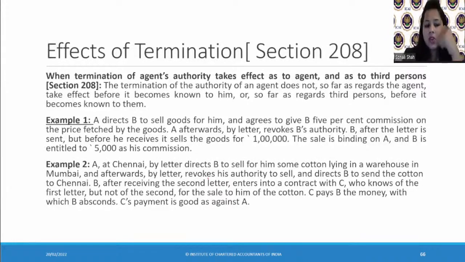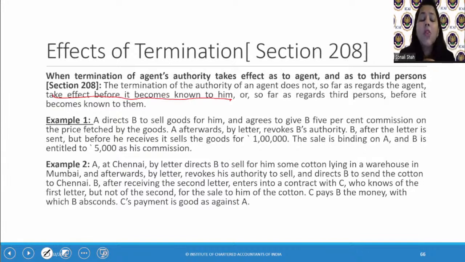Section 208 reads: the termination of the authority of an agent does not, so far as regards the agent, take effect before it becomes known to him. So notice becomes important. The termination will take effect only when he is notified about it or it comes to his knowledge.